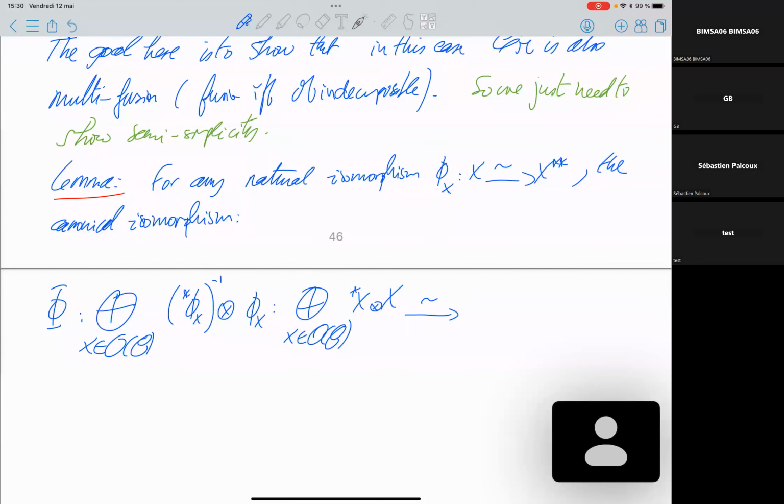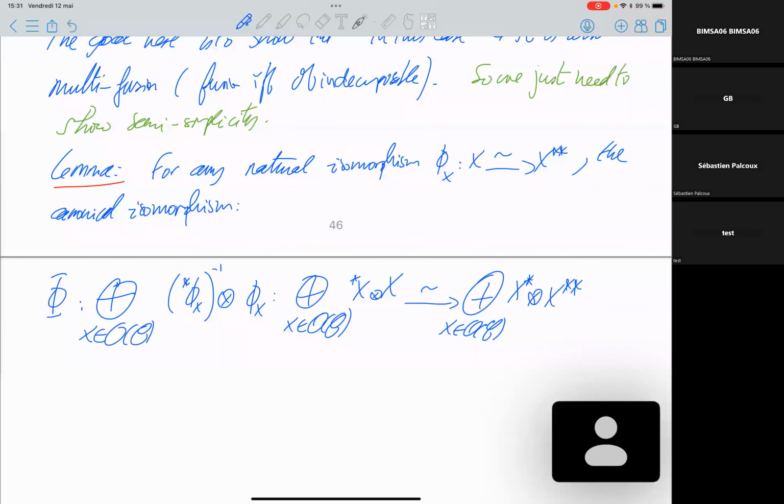So we have this map from X to X double dual. For this component, and this component will be from right dual to left dual. So sum for X, left dual, double dual like that.